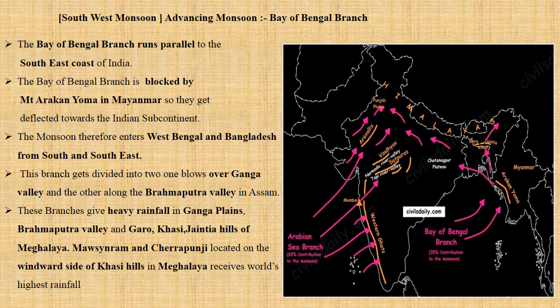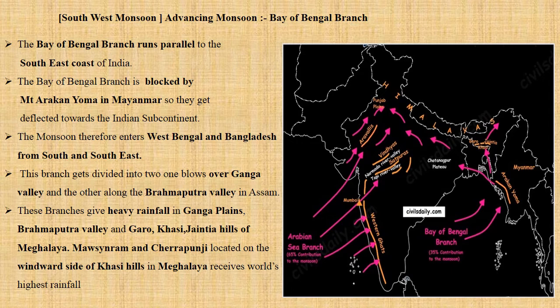The Bay of Bengal branch hits Aravalli perpendicular. But by the time they reach Aravalli, they lose moisture. And that is the reason, again, Thar Desert receives less rainfall even from the Bay of Bengal branch.